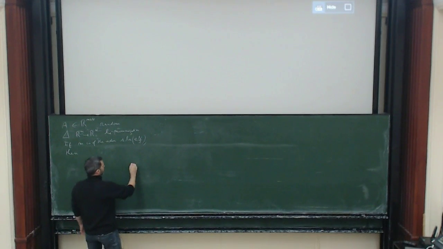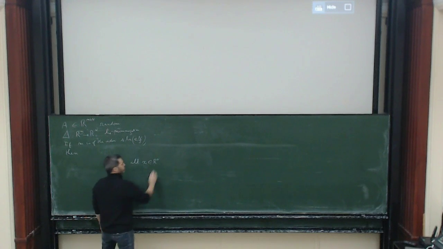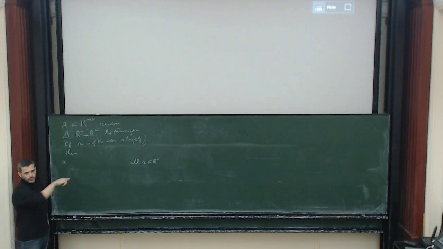So if m is of this order, then we have a reconstruction property that will be valid for all x in R^n. So if I had s-sparse x, I have exact recovery, so x will be equal to delta of Ax.